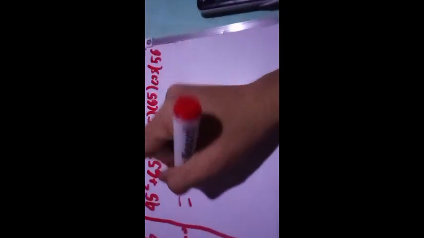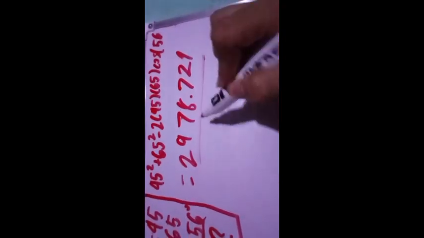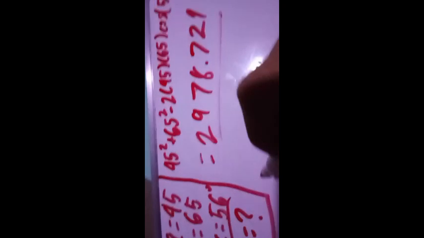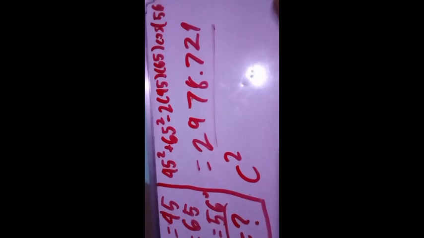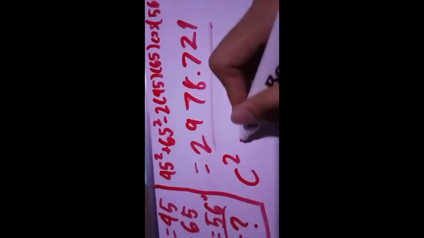Okay, then let's write it down. Equals 2978.721. So this is not our final answer because C squared is now coming back to haunt this number.